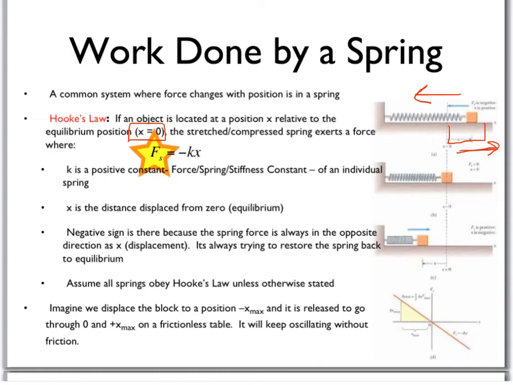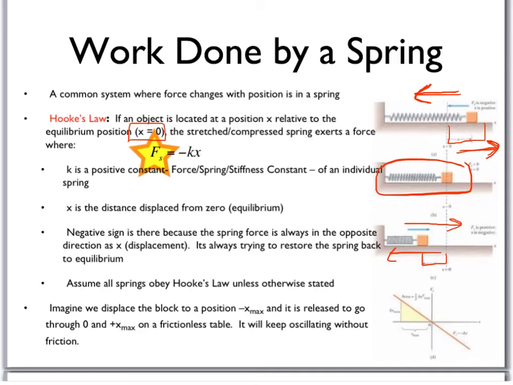So if you pull off to the right, the spring is going to pull back to the left and try to restore it. If you compress the spring and push it to the left, the spring is going to try to push back to the right and again restore it to the equilibrium position. We will assume that all springs obey Hooke's law unless it is otherwise stated or asked about in the problem.